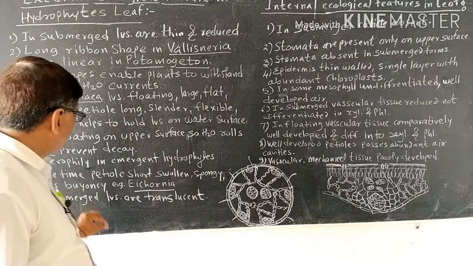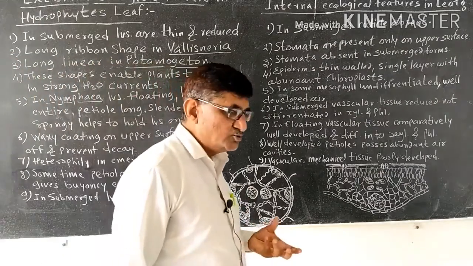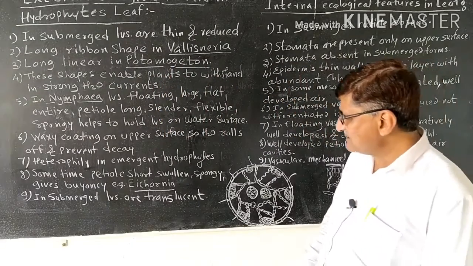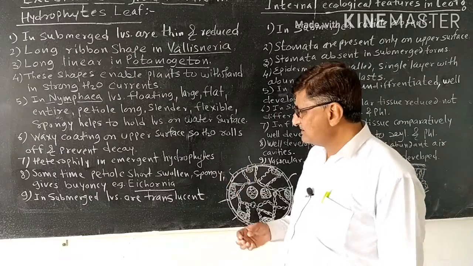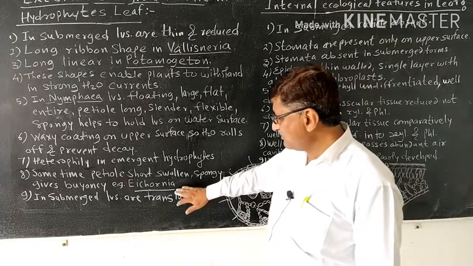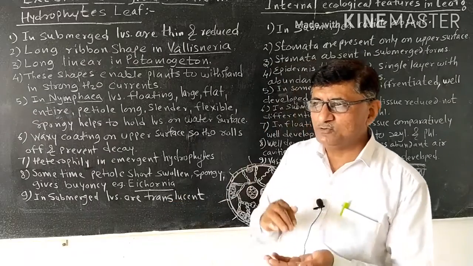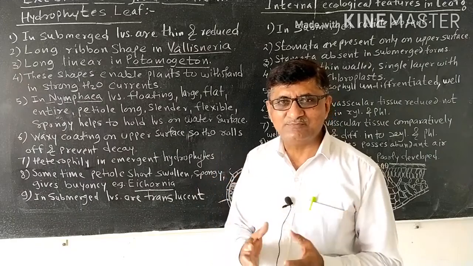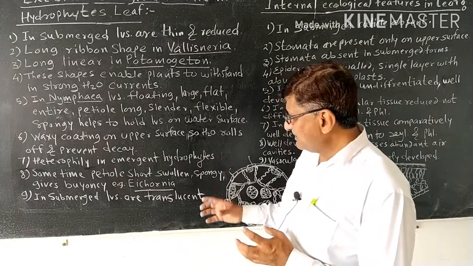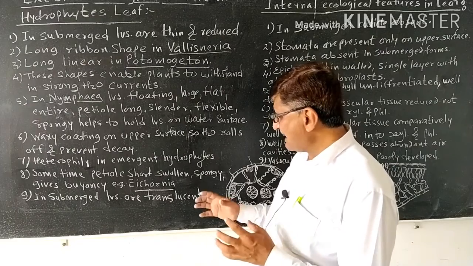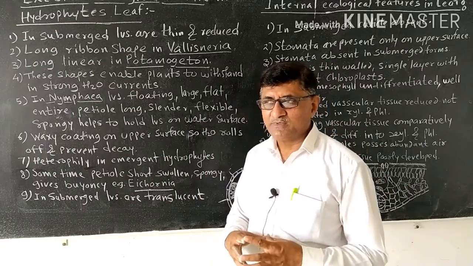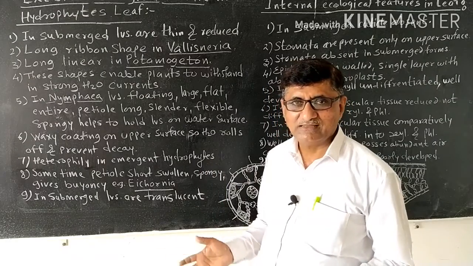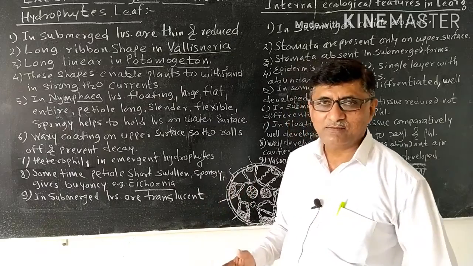Also, sometimes the petiole of some leaves becomes very small, swollen and spongy, or reduced. For example, in Eichhornia, the petiole becomes swollen like a balloon. That kind of petiole has a large amount of spongy parenchyma, and in that spongy parenchyma a large number of air cavities are present that store a large amount of air.